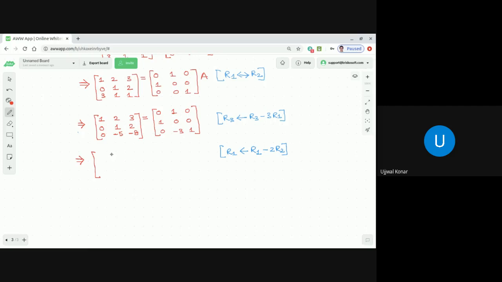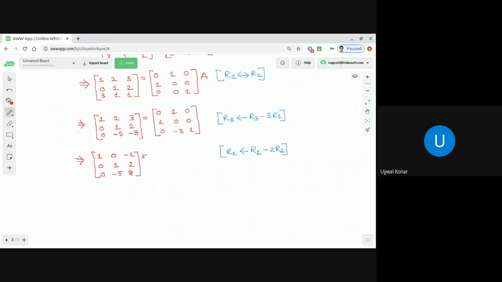With this transformation, the first row will transform to 1, 0, minus 1, and the second and third rows will remain the same, that is 0, 1, 2, 0, minus 5, 8.